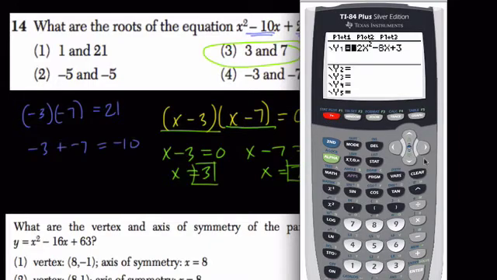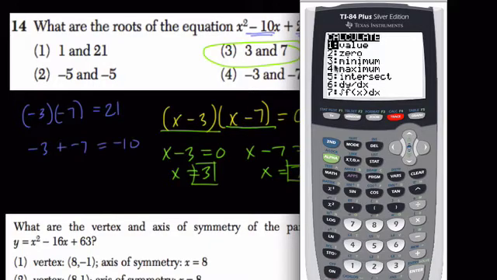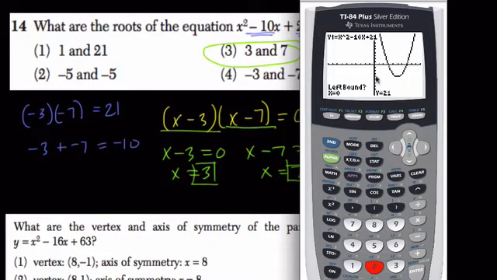You can enter in, we'll clear this off, x squared minus 10x plus 21, right? And then graph it. And here, if you want to find the roots, you hit second trace, and you want to find the zeros here.